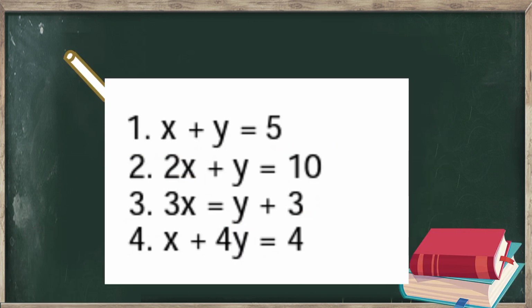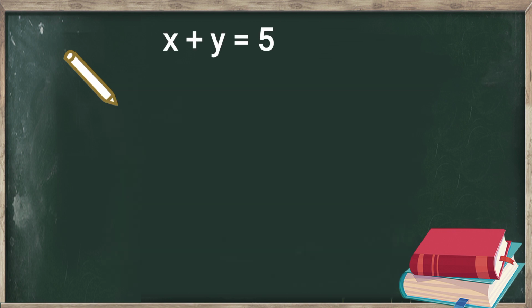Let's have examples. So first, we need to have x plus y equals 5. Let's identify the slope and the y-intercept, and we have to describe the slope without graphing.